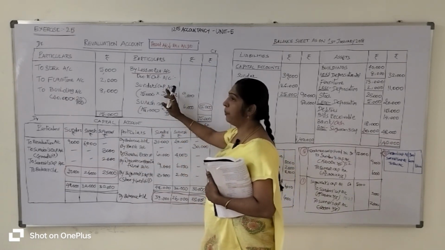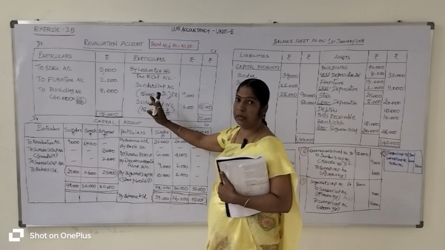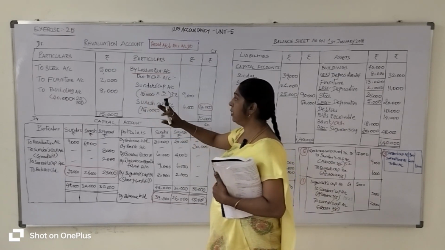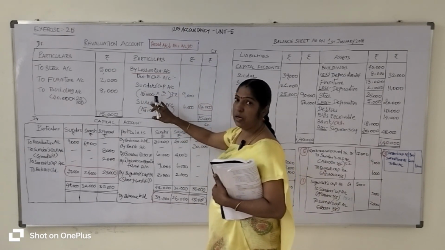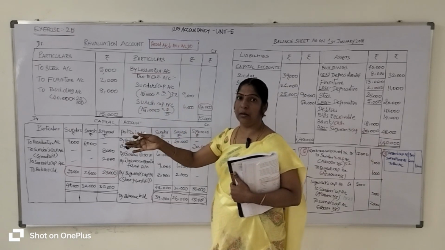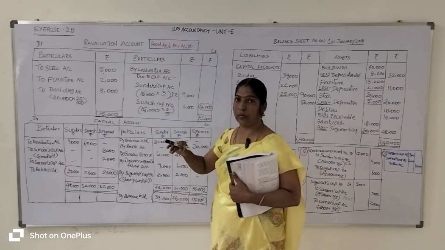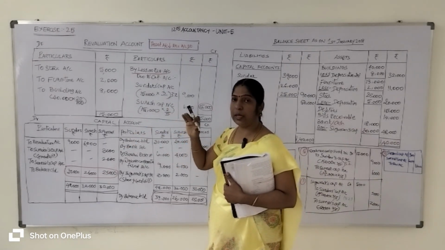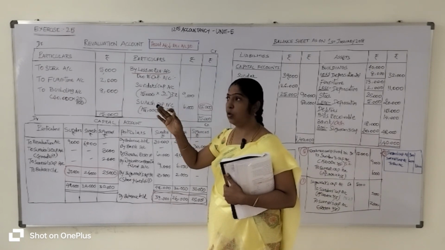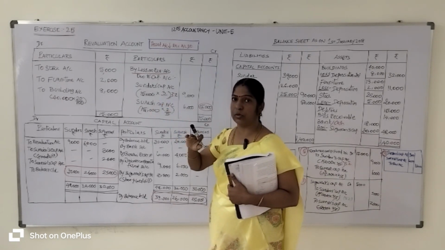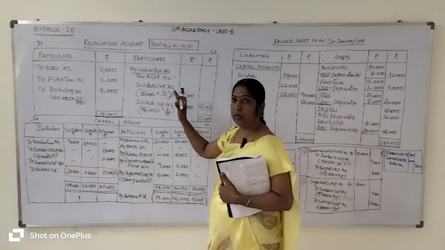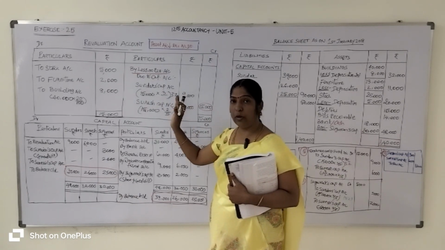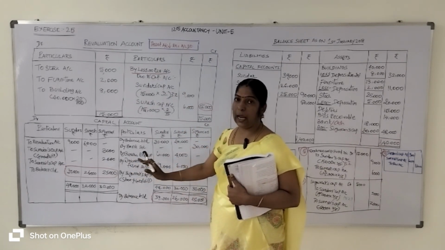Because whenever we prepare the revaluation account, we will get a loss or profit, and that loss or profit is immediately transferred to the old partners' capital account, so it will show on the capital account.